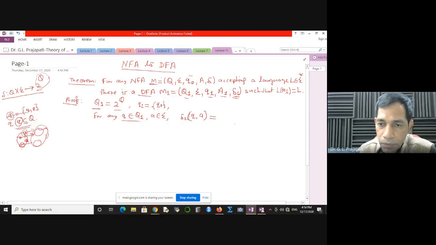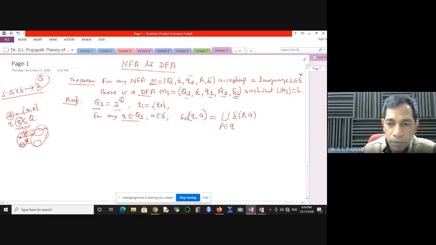So you can say here, the union of delta, which is the transition of your NFA, with P and A, where P belongs to Q. So this is the definition of the transition function of the DFA.